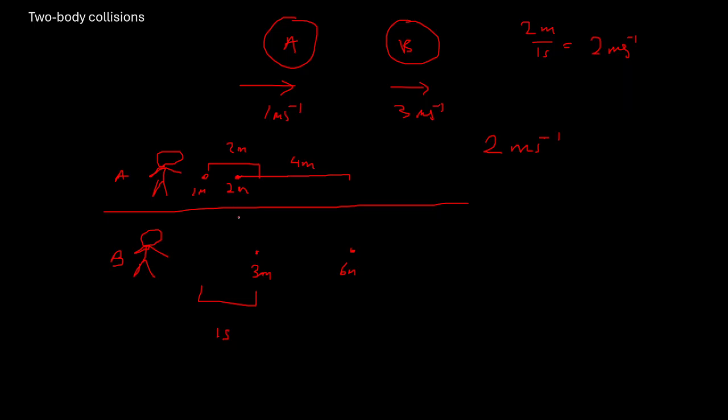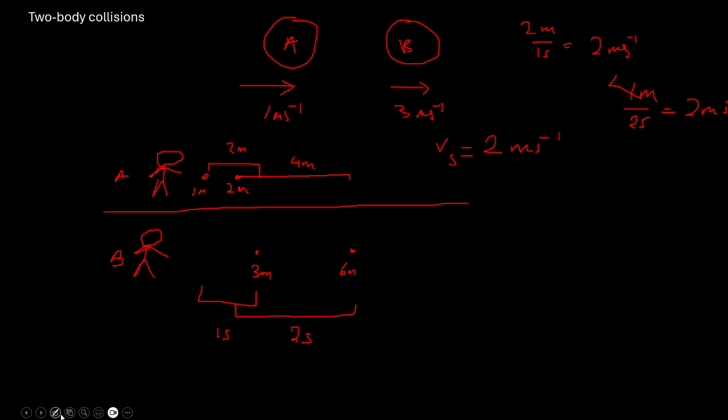And if we do the same thing for 2 seconds, they're separated by 4 meters, and 4 meters over 2 seconds gives you the speed, 2 meters per second. So this, my friends, is what you call the speed of separation.